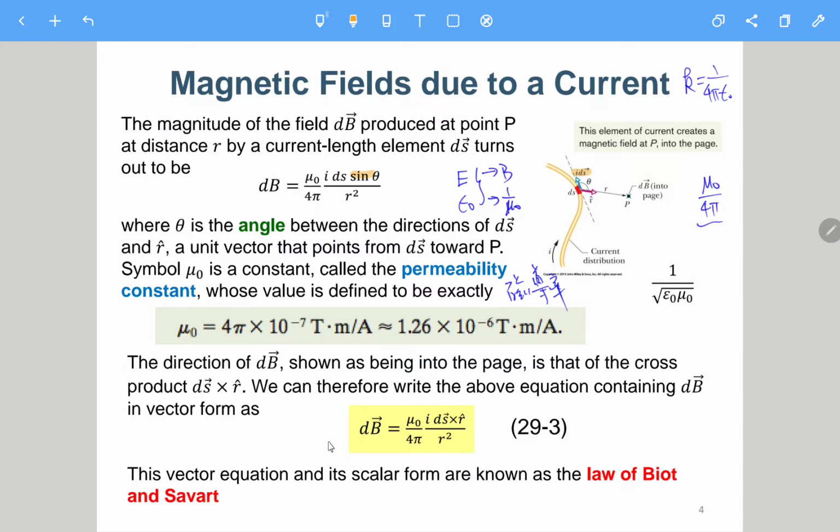Okay, so far, this law is called the law of Biot-Savart, or the Biot-Savart law. Actually this is a law, so don't ask why it would be like that. We cannot prove a law. If you learn the mathematics well enough, we can try to prove a theory, but for a law we cannot really prove it.